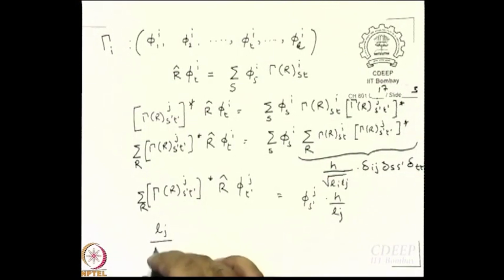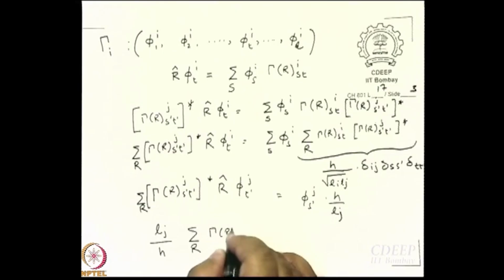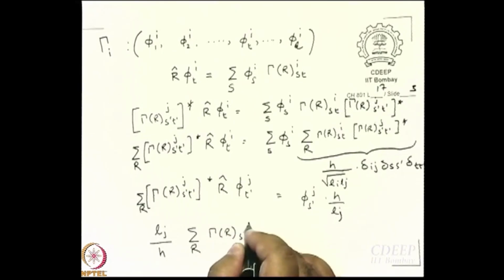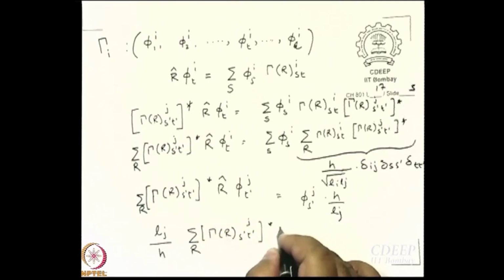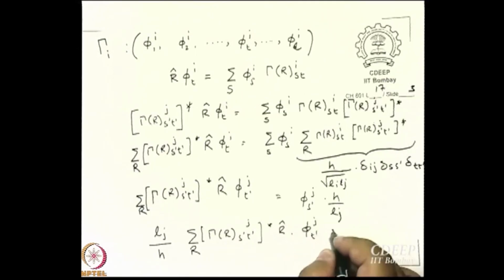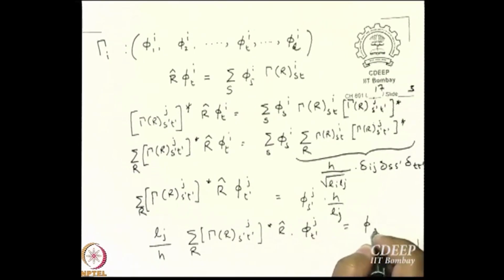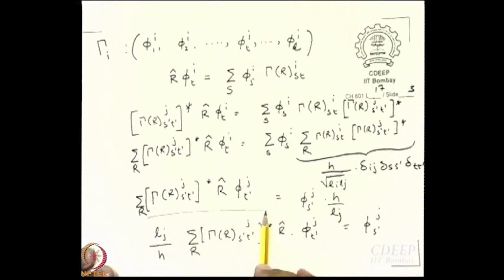So what do you have on the left hand side? If I write Lj divided by H, sum over R, gamma R, s dash t dash j, star of that, R hat operating on phi t dash j is equal to phi s dash j. What has happened?